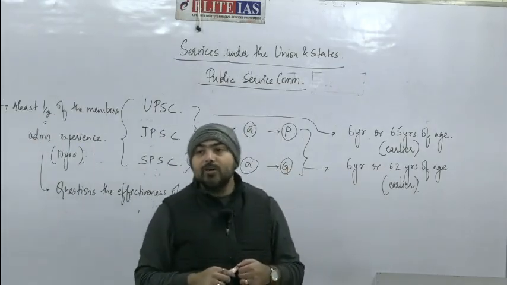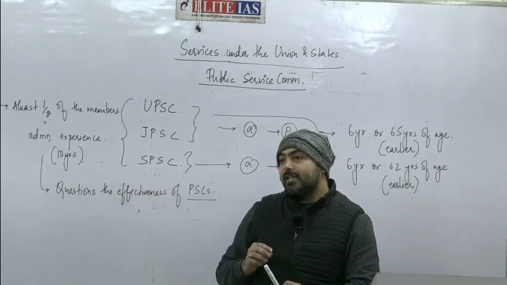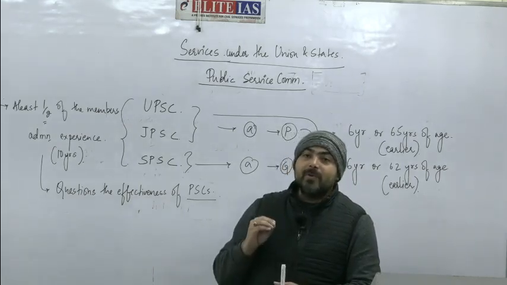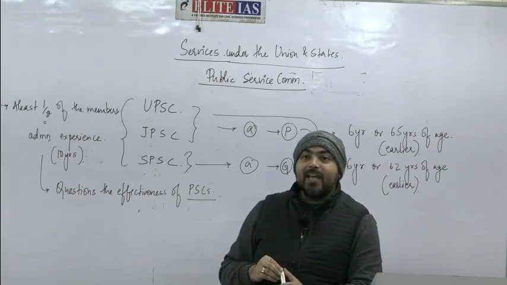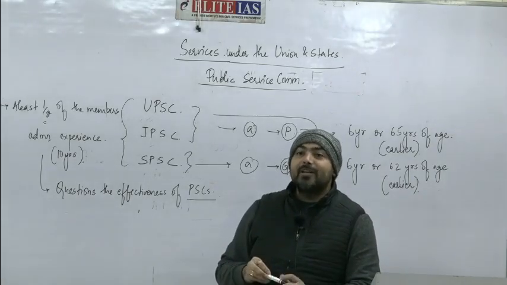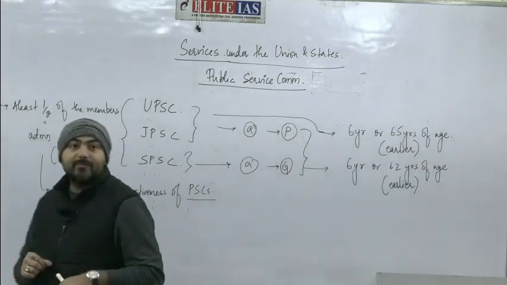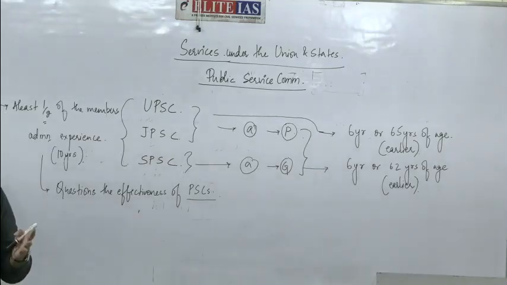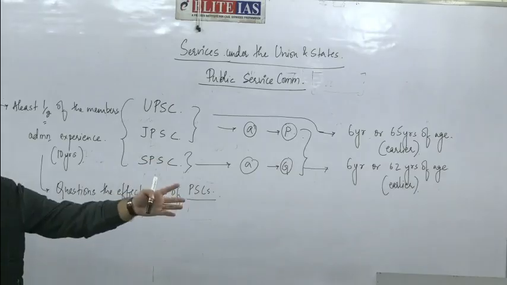Example, the State of Haryana. In 2013, two members of the Public Service Commission were convicted of murder. Obviously, no one can predict what will happen in the future.